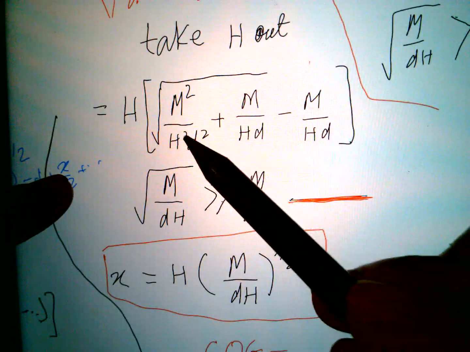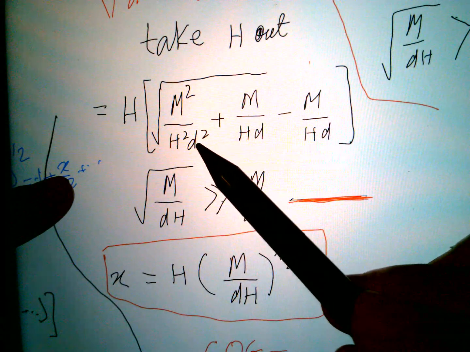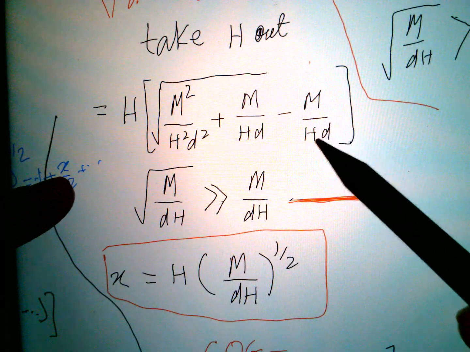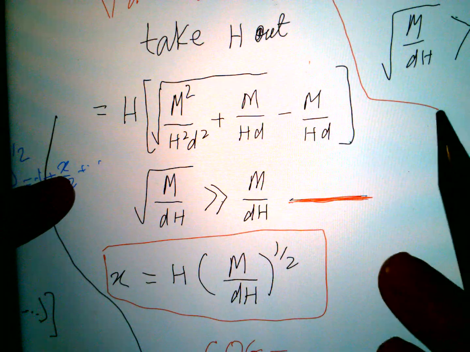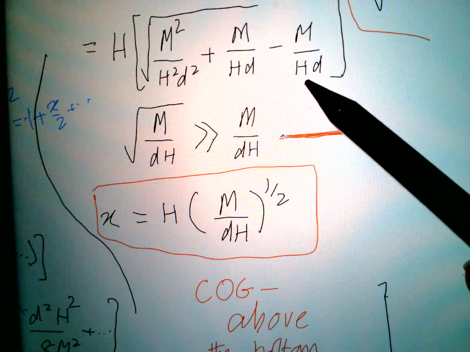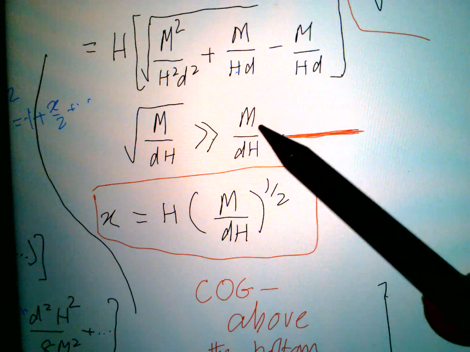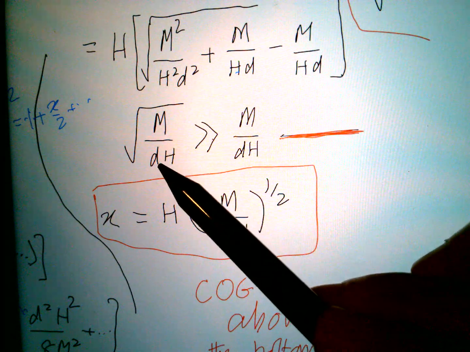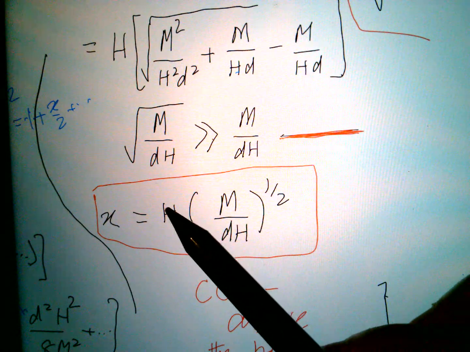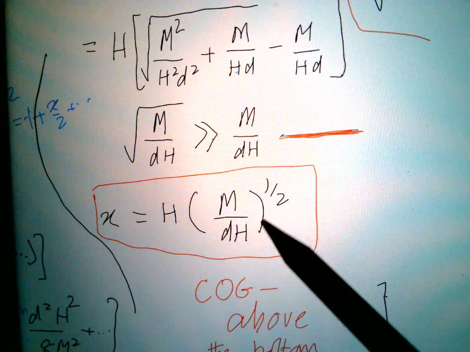If you take h out, this will be m square over h square d square plus m over hd, minus m over hd. So from here, we can see it is a similar pattern, m over hd whole square. So m over dh is greater than this one. So x is equal to h times the square root of this one.